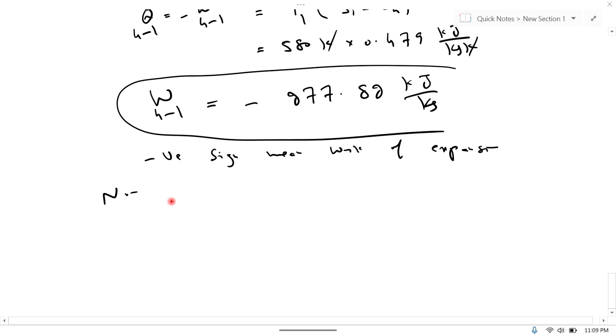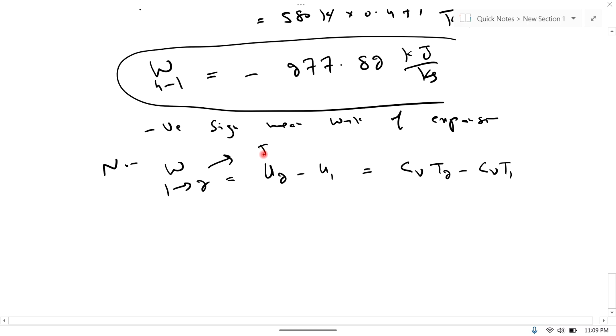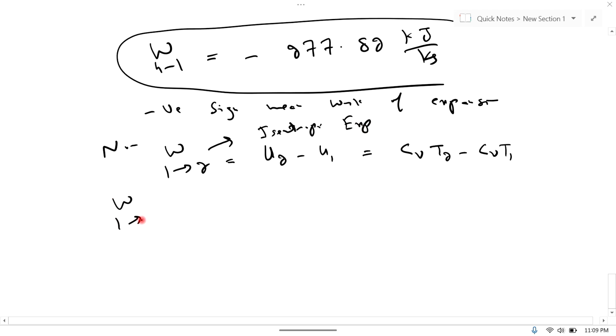Now work done from 1 to 2 is basically isentropic expansion, and it is equal to U2 minus U1. U2 is equal to CVT2 and U1 is equal to CVT1. So W from 1 to 2 is equal to CV times T2 minus T1, and we can write this as minus CV times T1 minus T2.